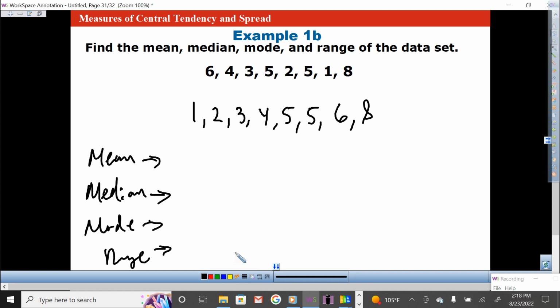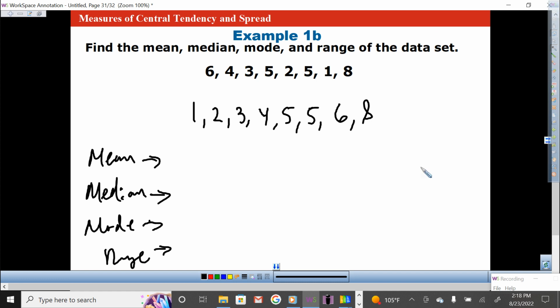All right, share with your neighbor, see what they got for all 4 of them, then I'll call on someone. All right, think we got this?